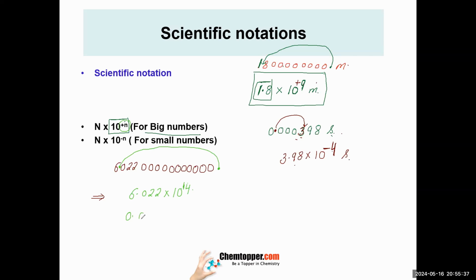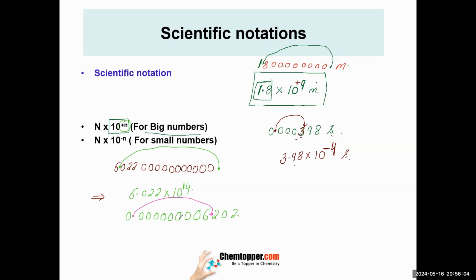So let's do one more example. 0.0006202. Put this number in scientific notation. So you have to move your decimal after the first non-zero digit here. How many places are you moving?